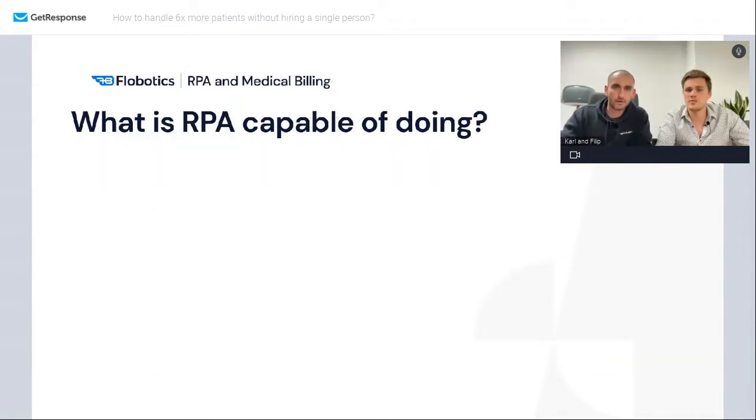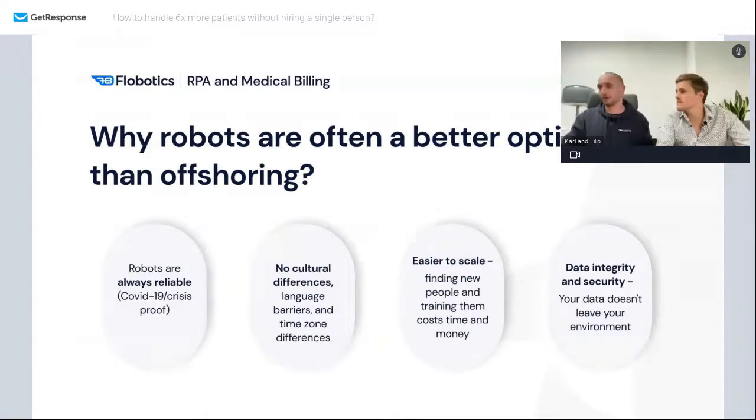So what about safety of data? This is another important one. When you have software bots, you have everything in your environment. Basically the robot runs on a virtual computer in your server somewhere in your IT infrastructure. So there's no real way of data getting lost or getting into the wrong hands.